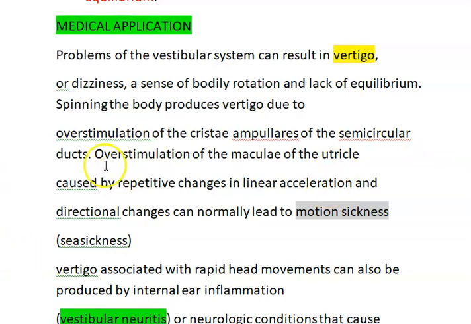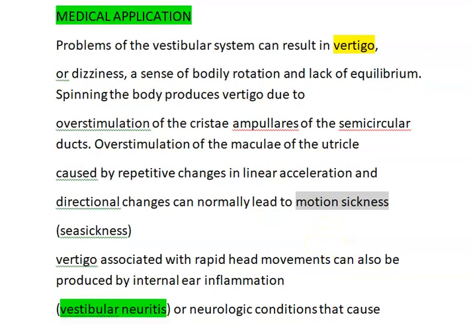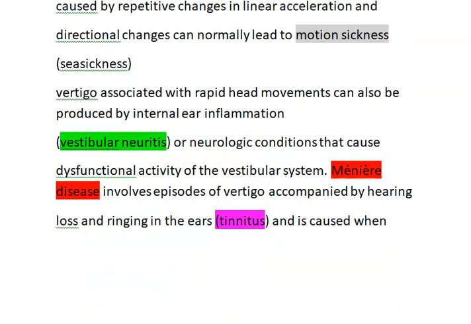Overstimulation of the macula of the utricle, caused by repetitive changes in linear acceleration and directional changes, can lead to motion sickness. So when the maculae of the utricle and the saccule are overstimulated, that leads to motion sickness or seasickness.